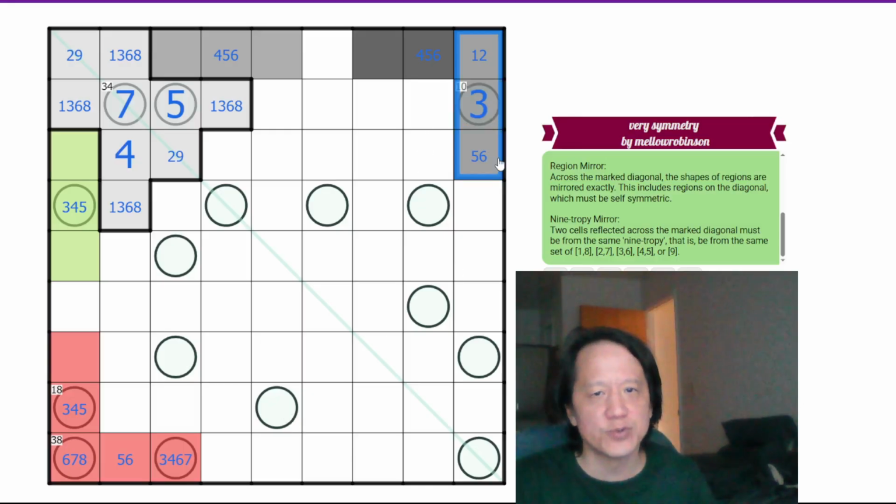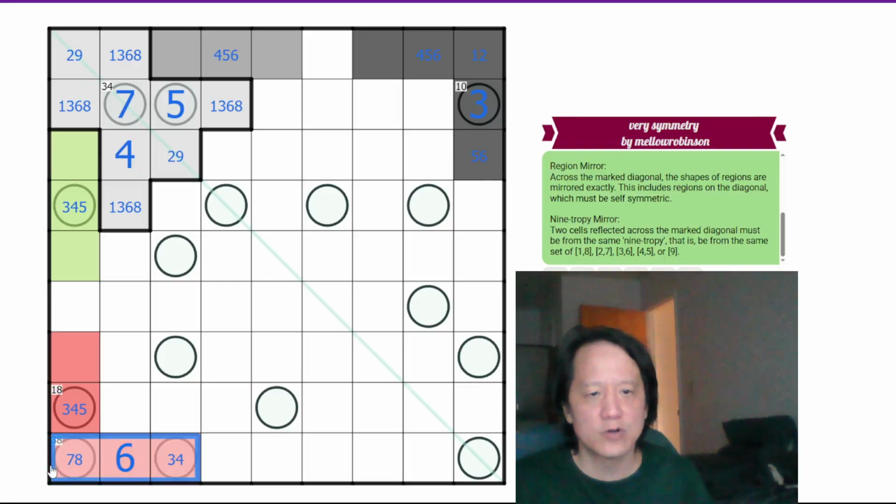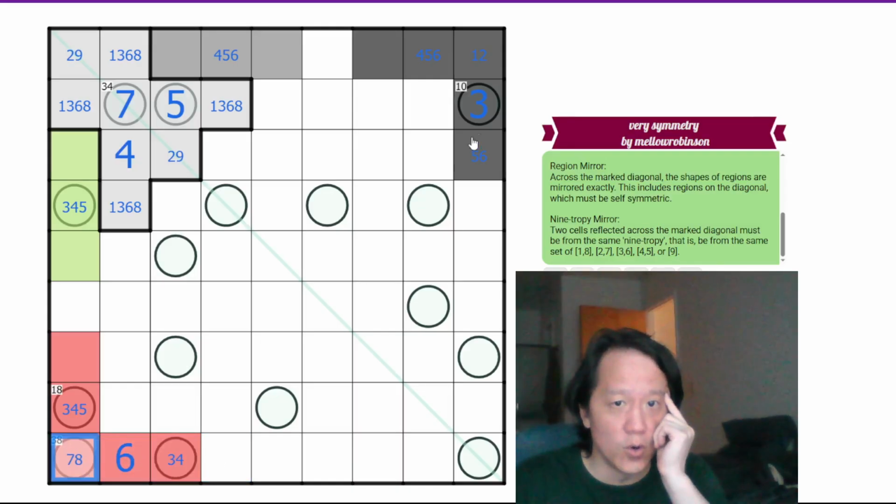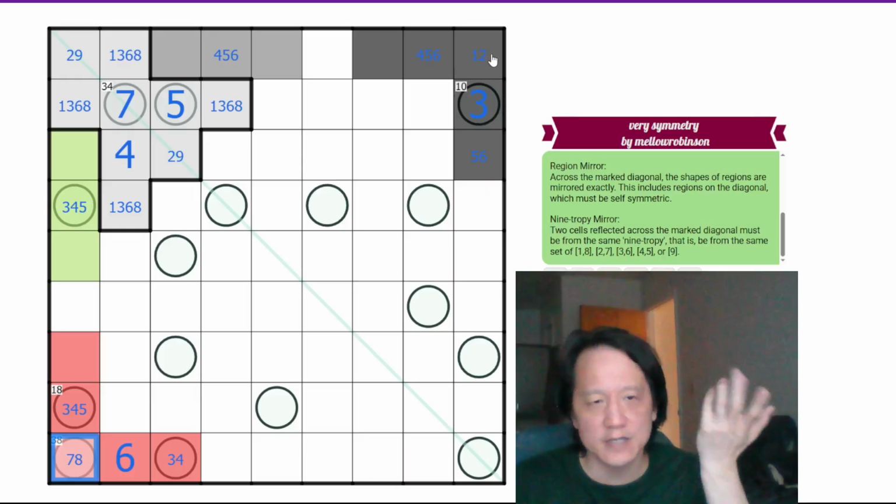If this is 3, this is 5 or 6. This has to be 6 for the 9 trippy mirror, which means this can't be 6. 7 or 8 with 1 or 2. That leaves this as 3 or 4. So that's not going to work. Okay, so yeah, that's a contradiction.